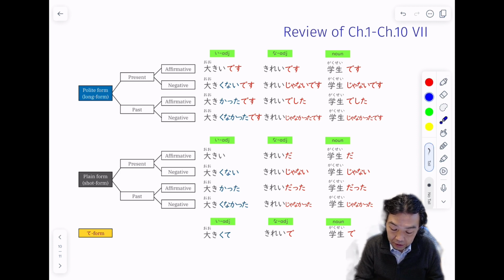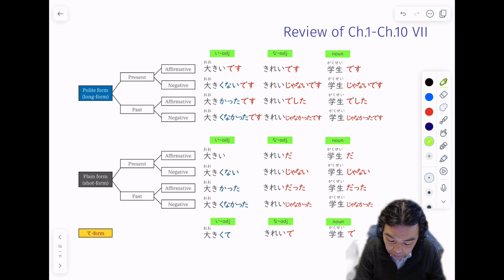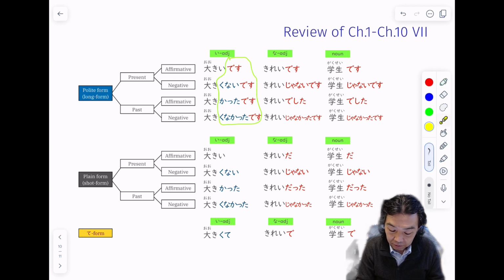So for adjectives, you have to know this. です、くないです、かったです、くなかったです。Okay. So present affirmative is this.